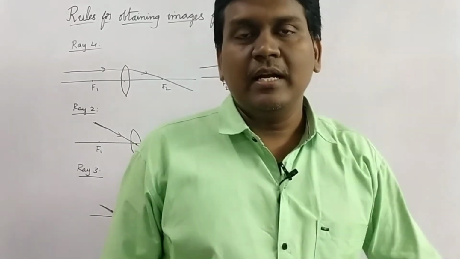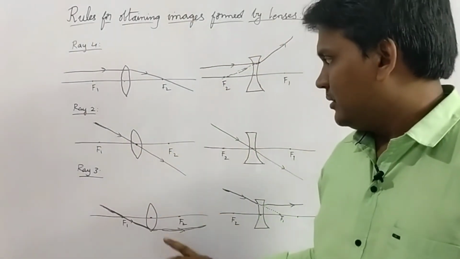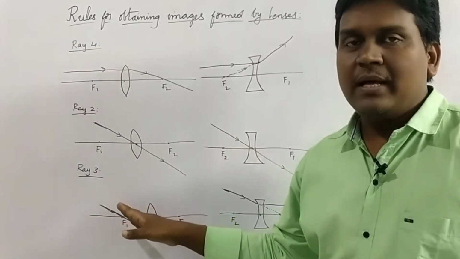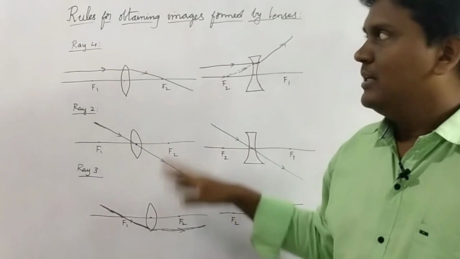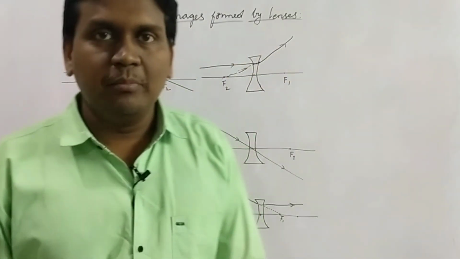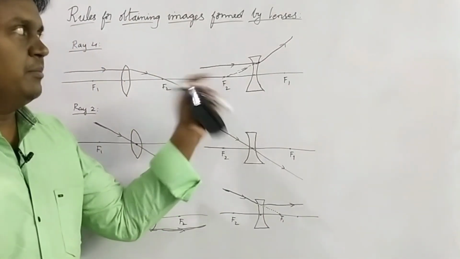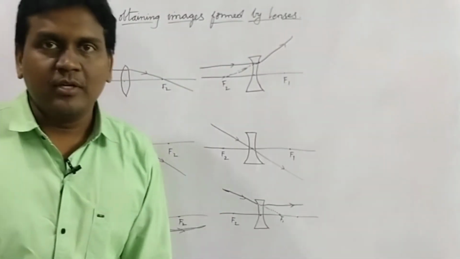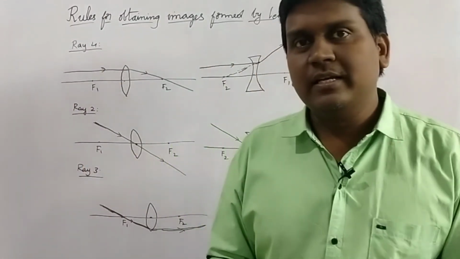These 2 are undeviated cases. And coming to the third case, a ray which is passing through the focus will be parallel to the principal axis. And coming to the fourth case, a ray which is parallel to the principal axis will pass through the focus or appears to pass from the focus.